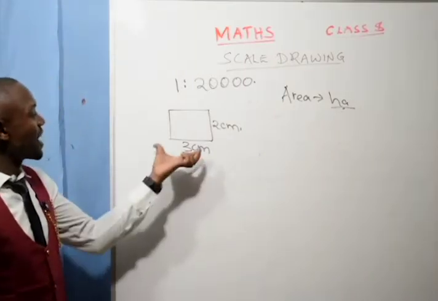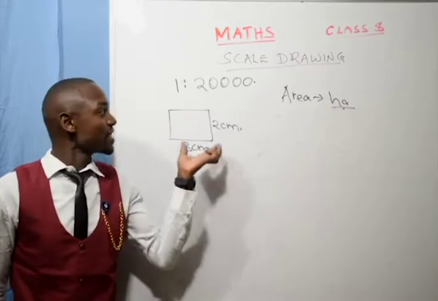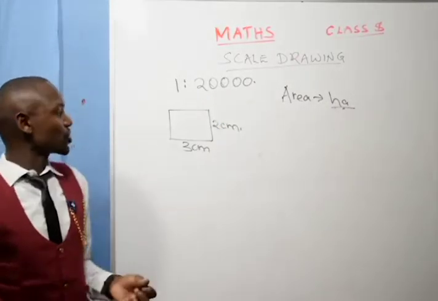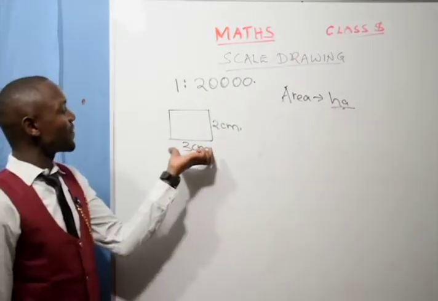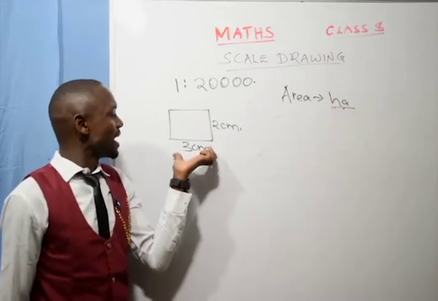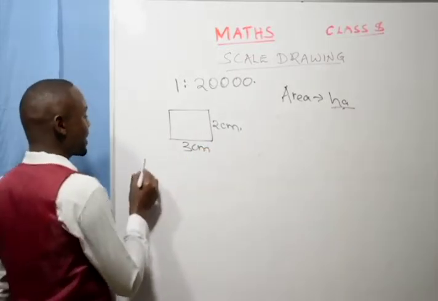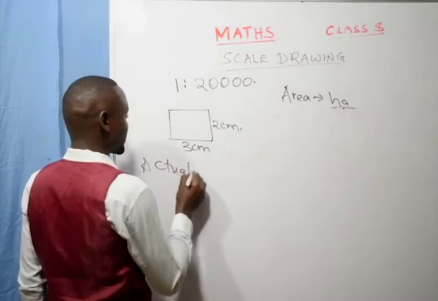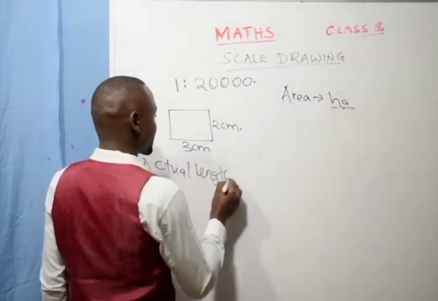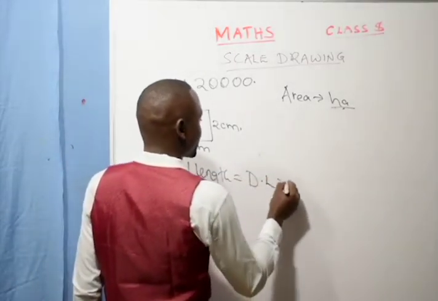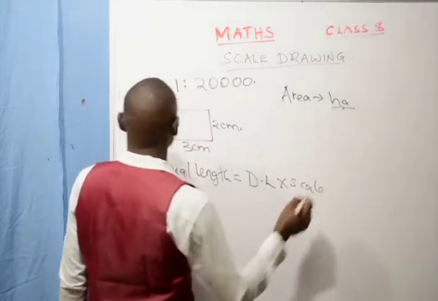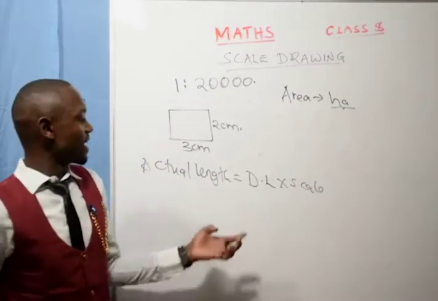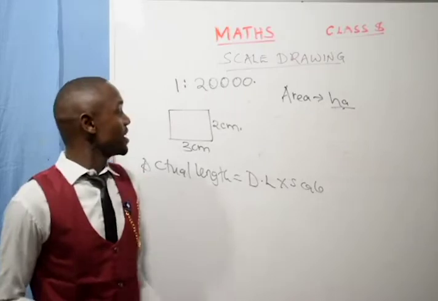So here we are already given the drawing length, and we are given the scale used. To get the area, we have to first get the actual length of this plot of land, whereby the actual length is given by the drawing length times the scale.